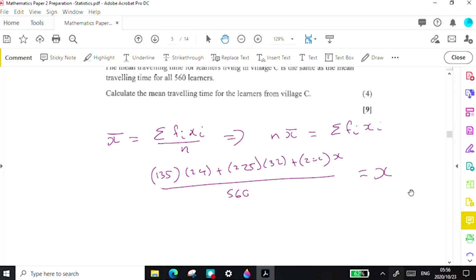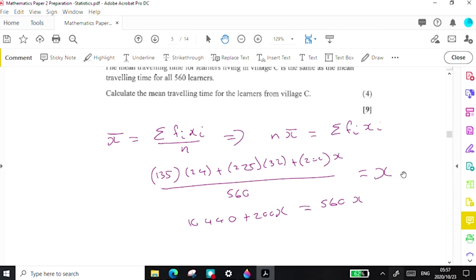Simplifying, we have 135 times 24 plus 225 times 32, and that gives us 10,440 plus 200x is equal to 560x.